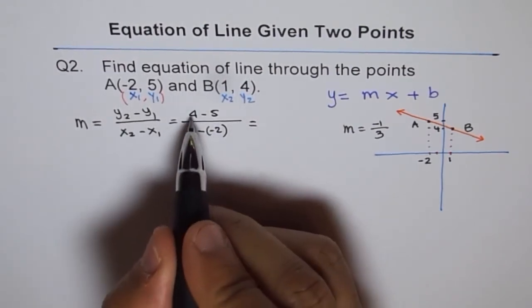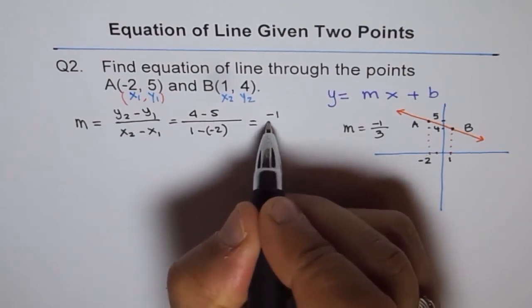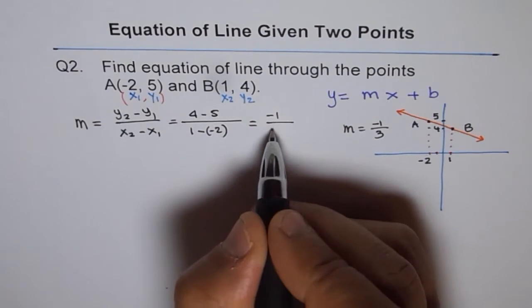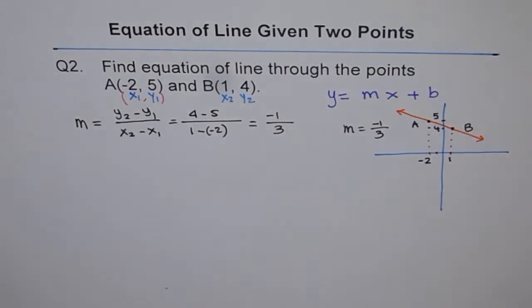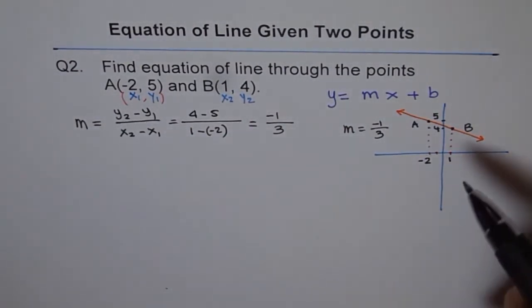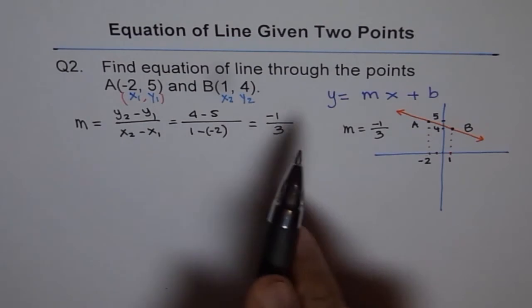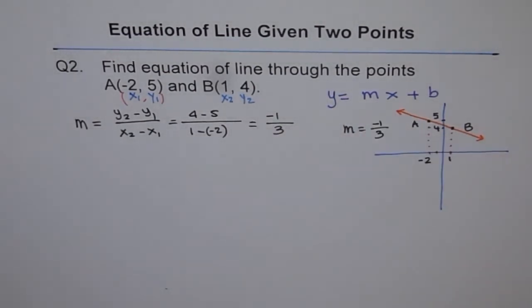Now 4 minus 5 is minus 1, and 1 minus minus 2 becomes 1 plus 2, which is 3. So we get a slope of minus 1 over 3, just as we saw in our sketch. So we are on the right track. In y = mx + b, we have found the first component of our equation, which is the slope.